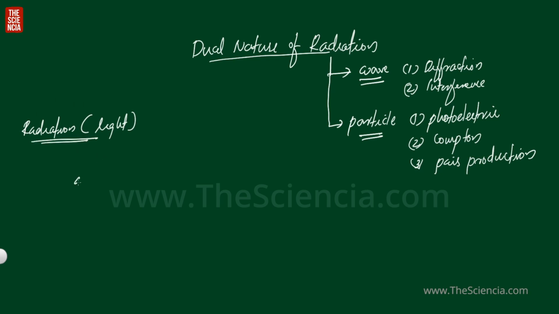If a charged particle is oscillating, that is, acceleration is there, deceleration is there, right? So as a result of acceleration and deceleration, a wave will be formed, that is, radiation will be formed.